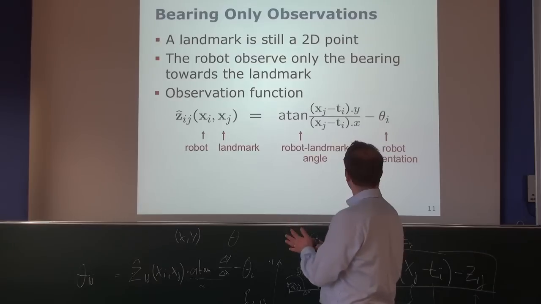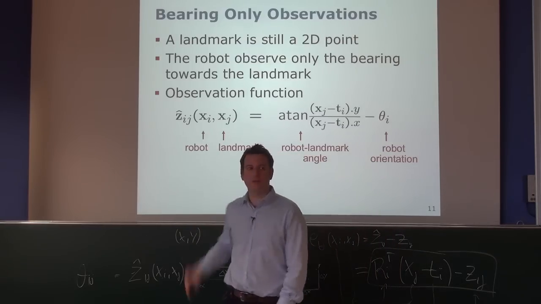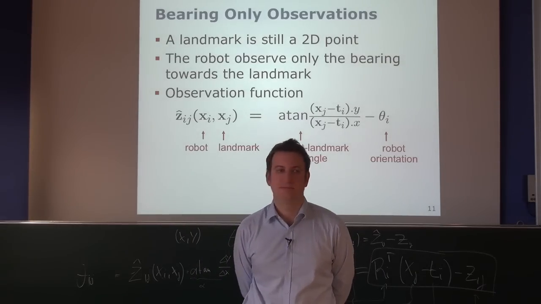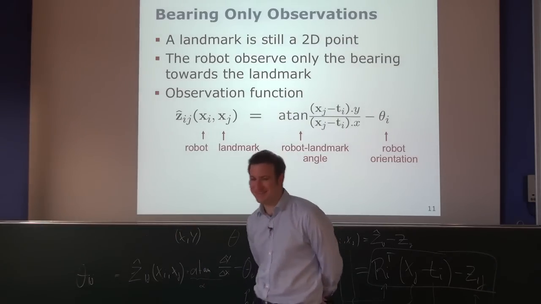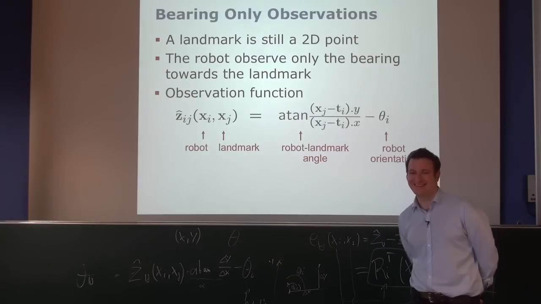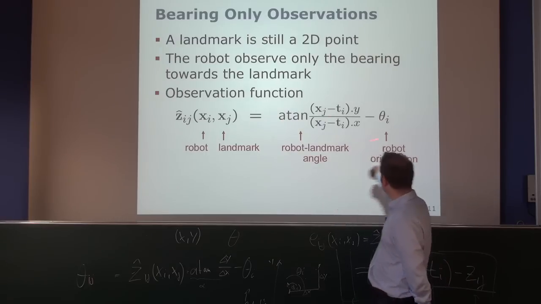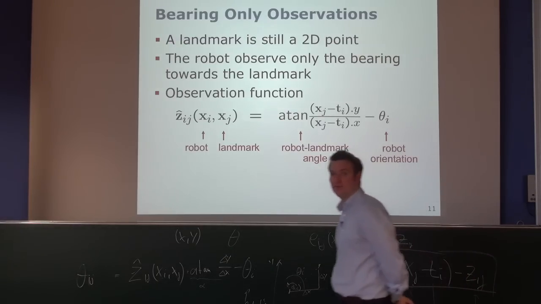Where did I stop? Exactly. So now I have my expected observation. How do I compute the error function? Same way as before: expected observation minus real observation. So we have exactly this term over here minus the bearing that we actually observe.